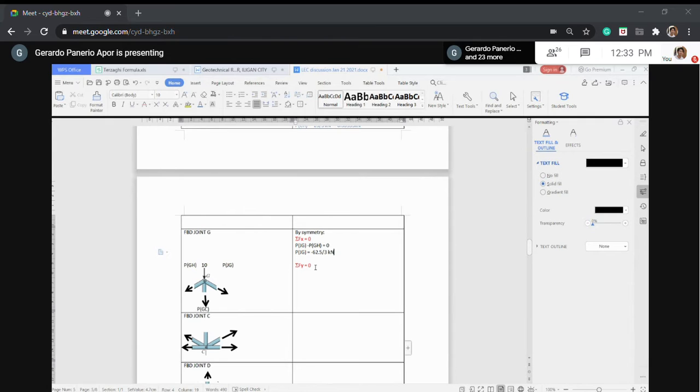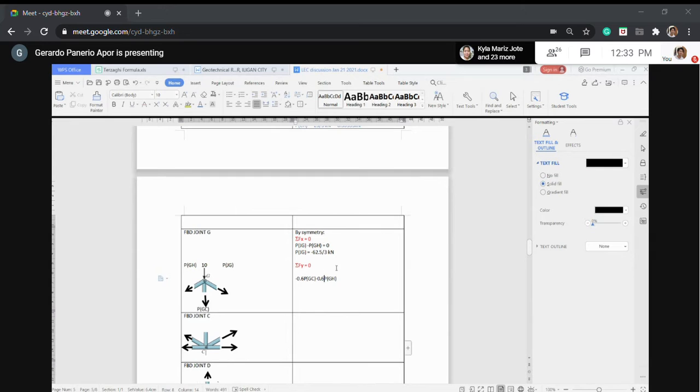Okay. Now, however, if we sum up forces Y, take note that these four forces have vertical components. So if I'm going to do that, I will have minus PGC, then I have minus PGH times sine theta, no? So I will just multiply this by 0.6, and this one is 0.6 also.